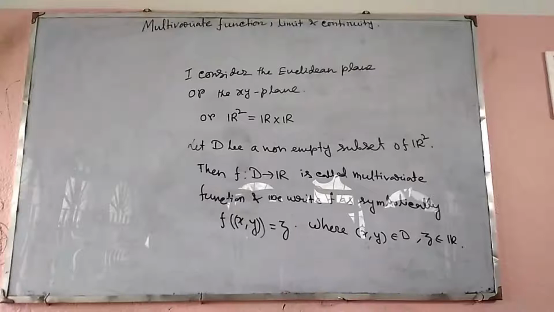Let D be a non-empty subset of R2, then f: D to R is called a multivariate function, and we write f symbolically as f of x, y is equal to z, where x, y belongs to D and z belongs to R. x, y is a typical element of R2 and z is a real number.